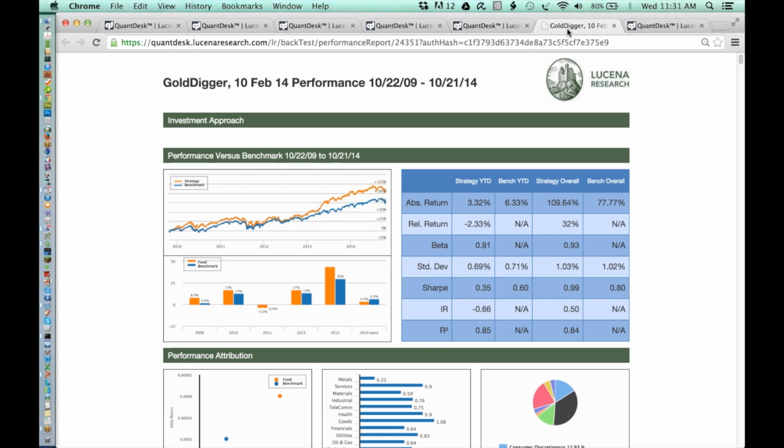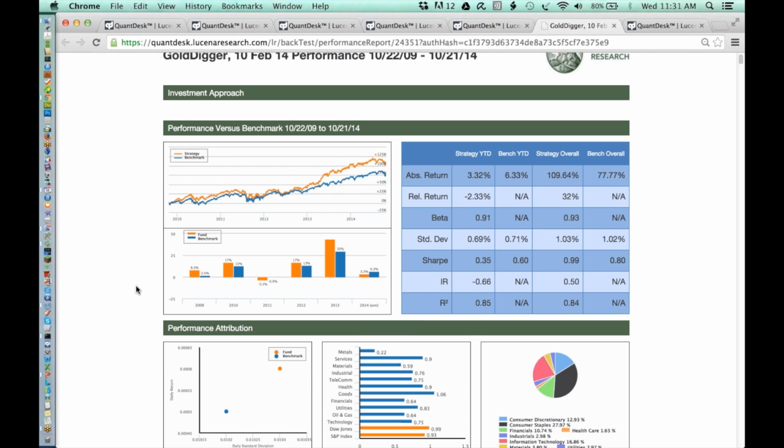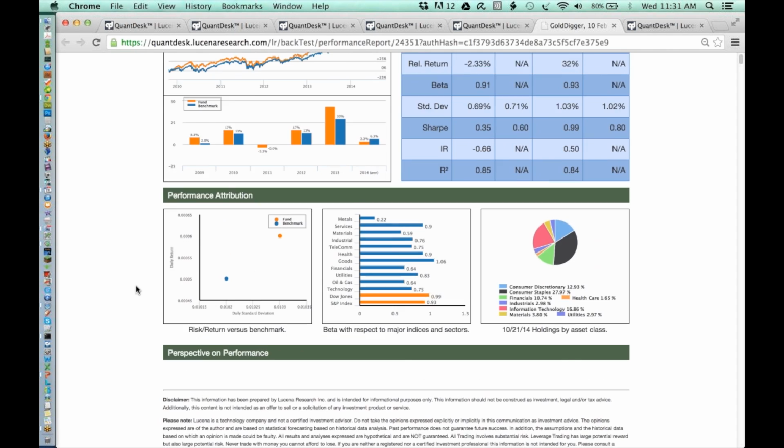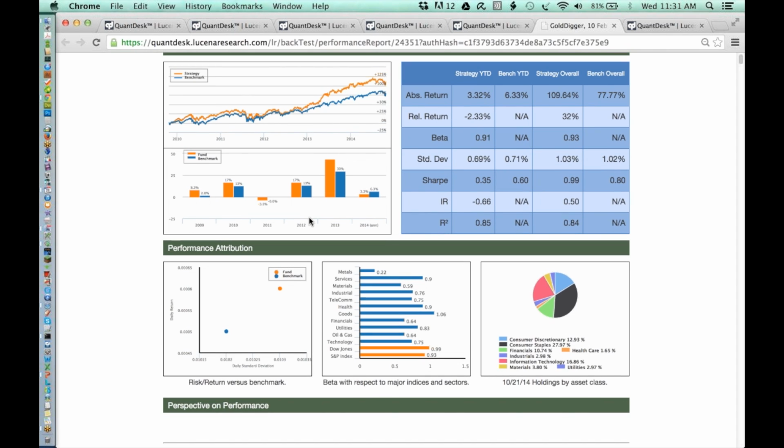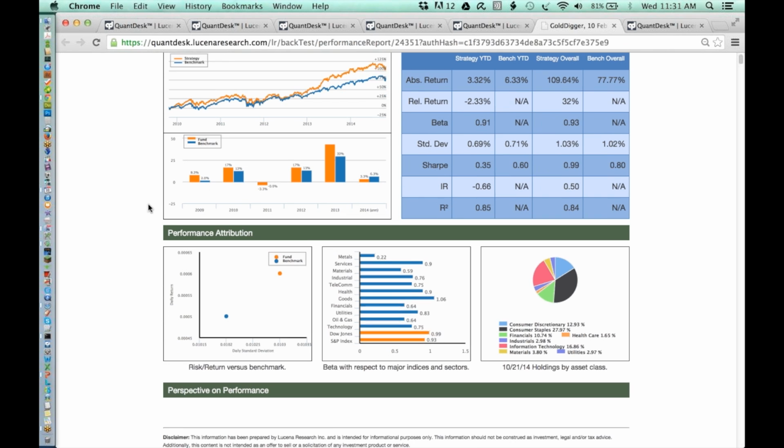We have a somewhat deeper full report here. You can see for each year the relative performance of the strategy. So for instance, it performed extremely well in 2013. It hasn't performed quite as well as the market in 2014.